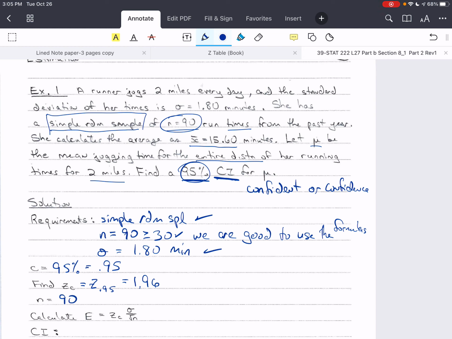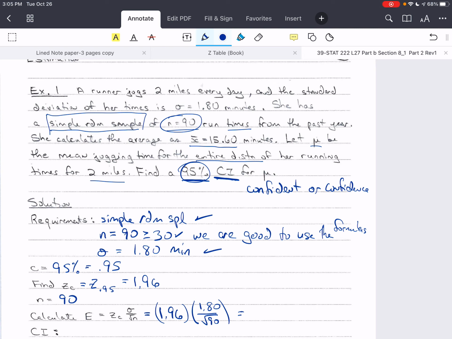Now we can calculate our margin of error, our E value. And so z sub c is 1.96, sigma is given to us as 1.80, and the square root of 90.